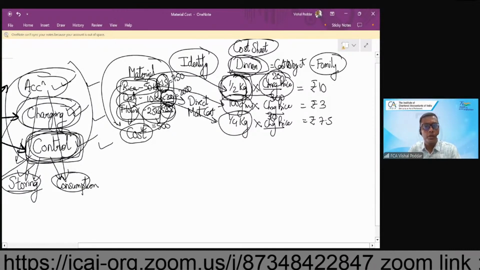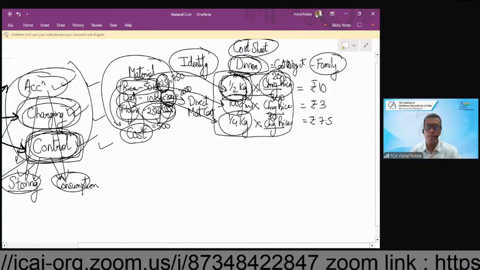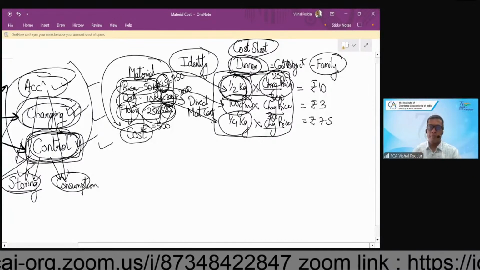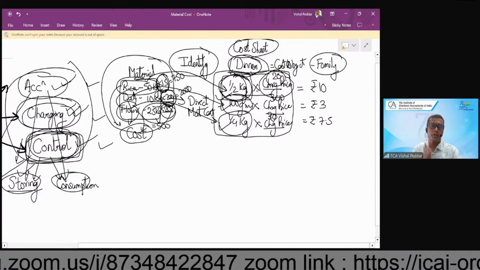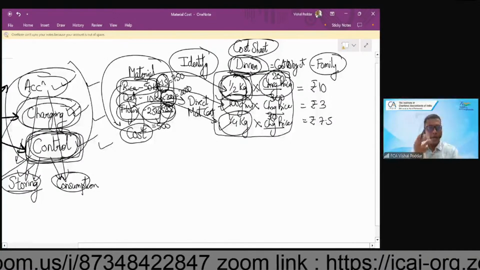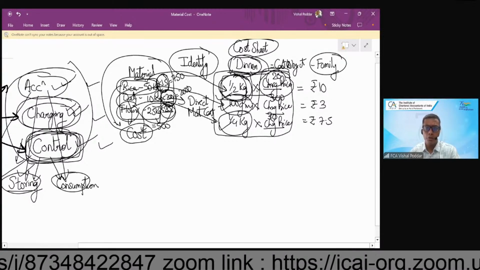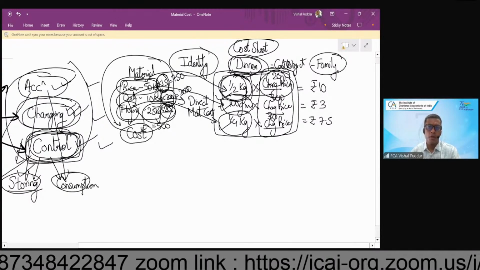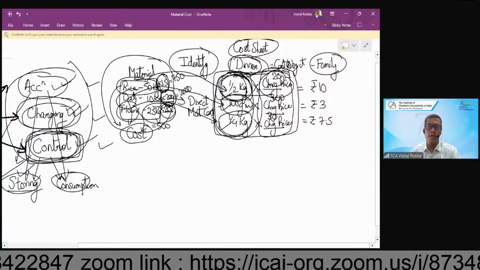So this is what is charging. Charging means identifying two things. One, the quantity that is going into that particular production, into that particular product. Identify that, compute that. And most important, as a cost accountant, your role is this. Because the quantity you will get from the records maintained by the company.